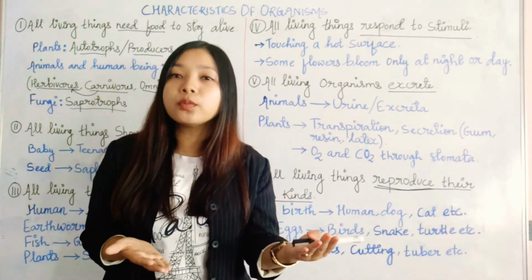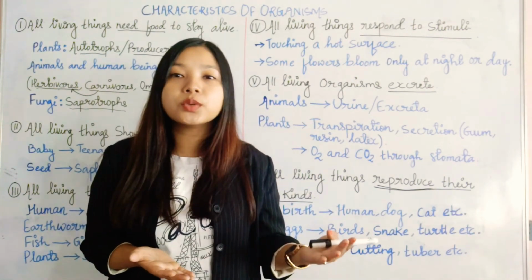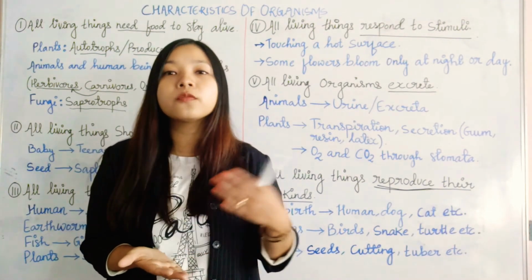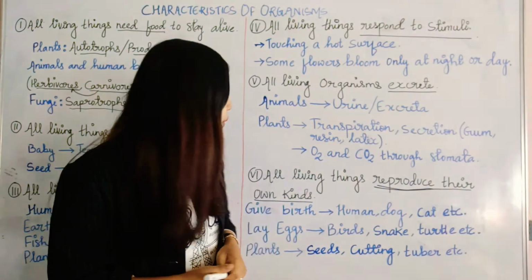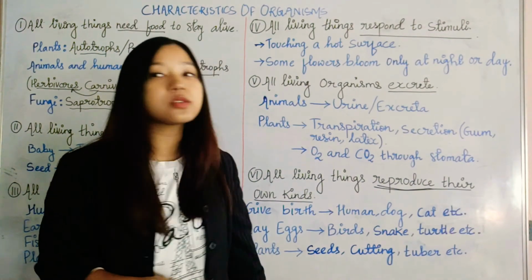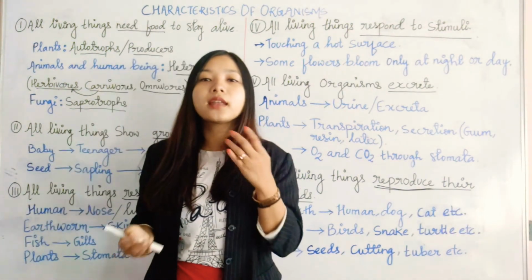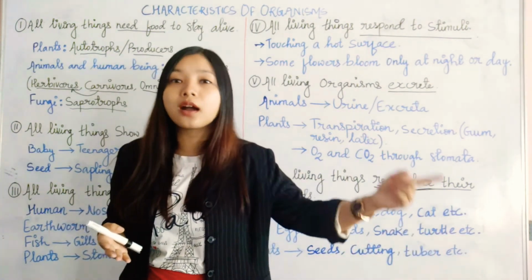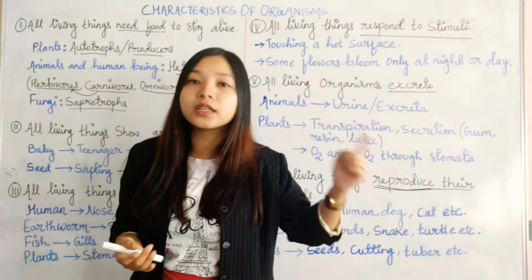Dogs give birth to puppies. Cats give birth to kittens. Hens lay eggs from which chicks are born. Like that in the case of plants also, plants produce seeds and that seed ultimately gives rise to the same kind or same type of plant.